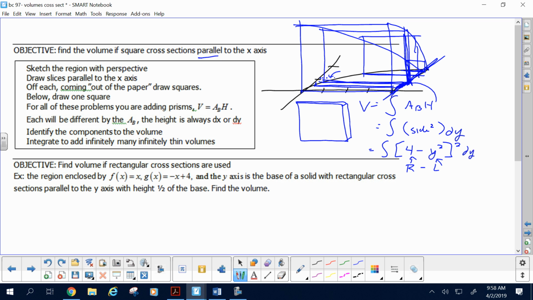It's not always going to be straightforward in the curve like the past one. I wanted to start off easy, but sometimes things get a little wacky and you have to think, all right? Limits of integration, 0 to 4, 0 to 2. 0 to 2. And I put a pi in front, right? No, pi has nothing to do with it. I'm summing squares, volumes. There is no pi.